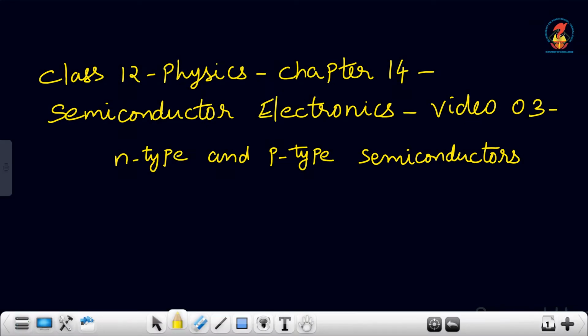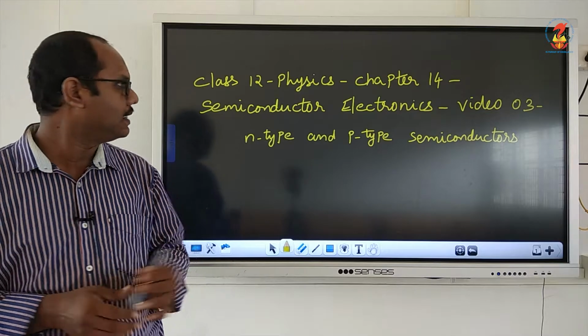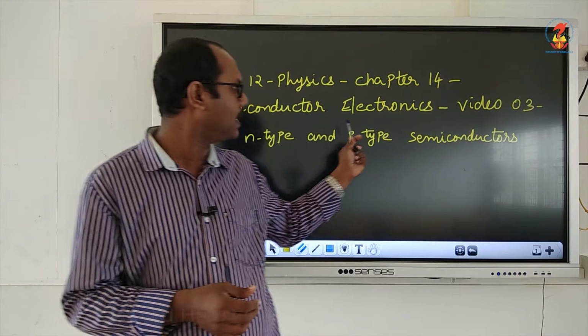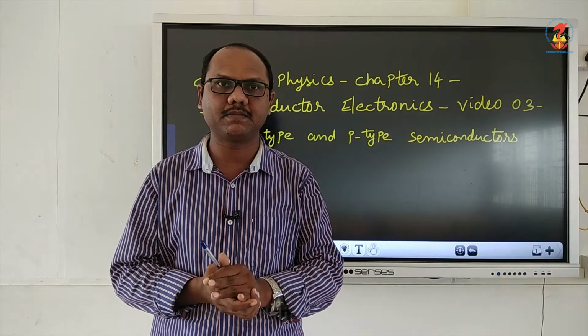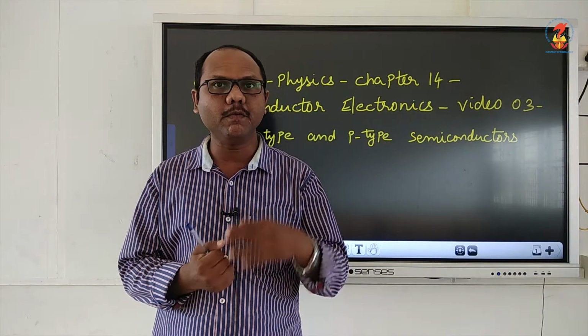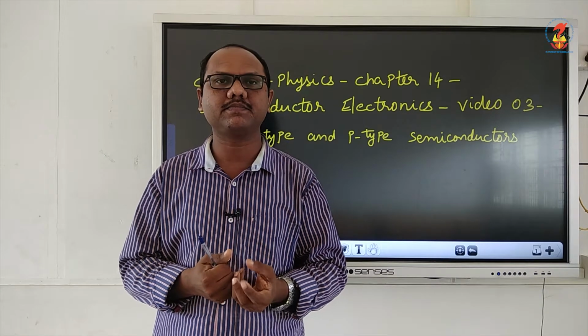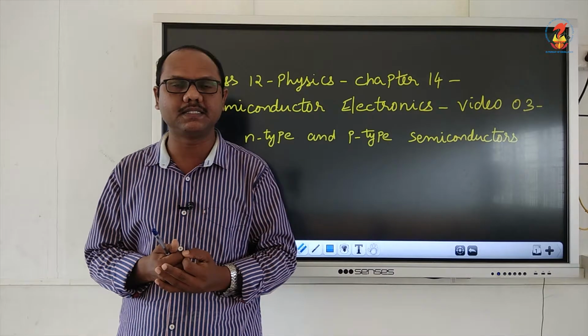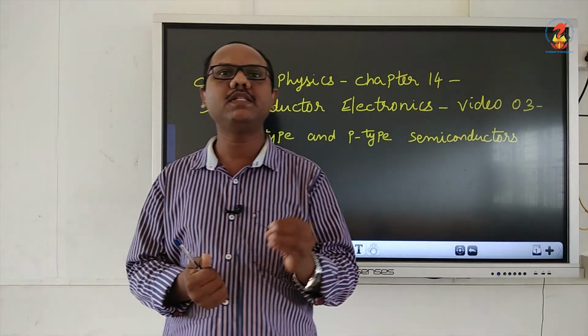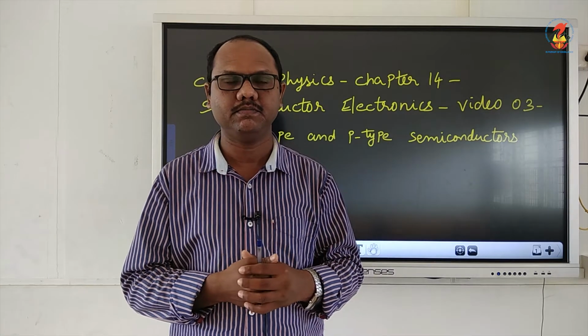Good morning students. In this video we are going to discuss two types of extrinsic semiconductors, that is N-type semiconductor and P-type semiconductor. We already studied that an extrinsic semiconductor means a semiconductor crystal which is doped with impurity atoms.